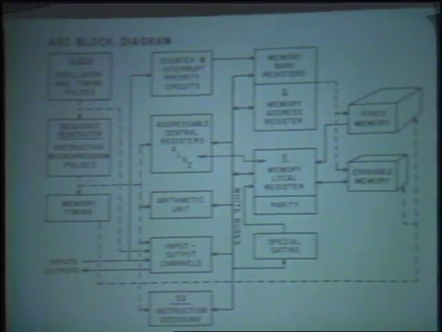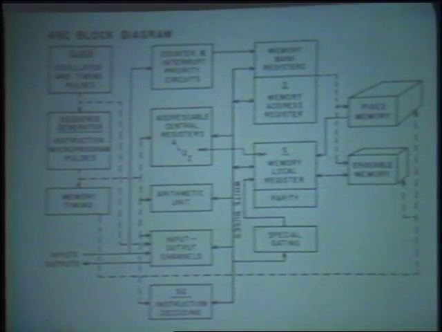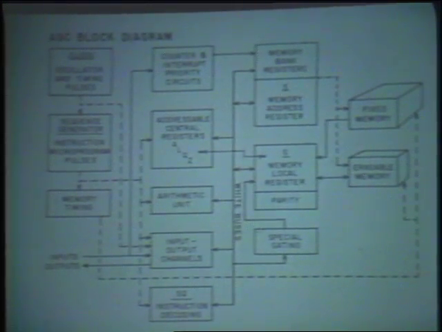The central processor section included the arithmetic unit, the instruction decoder at the bottom, interrupt control at the top, and a group of central registers made up of integrated circuit logic. Then memory address registers, a memory buffer register, which had the parity circuits on it.